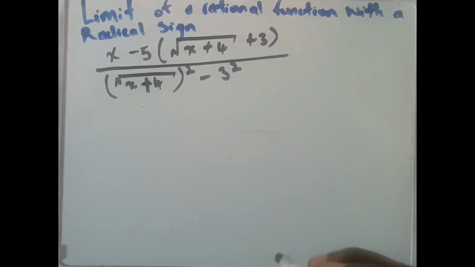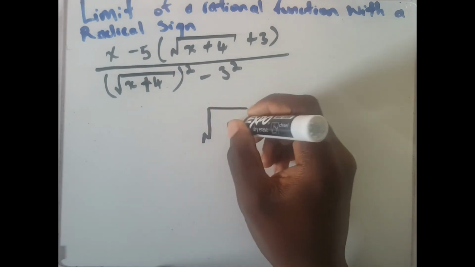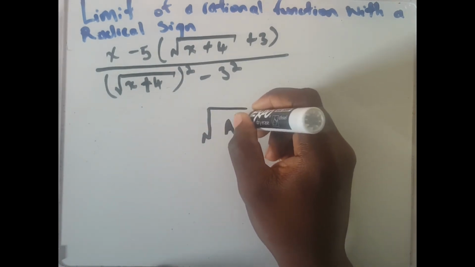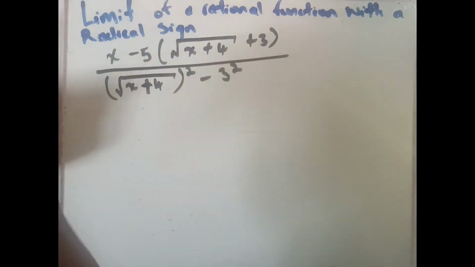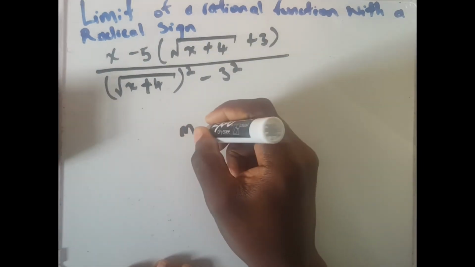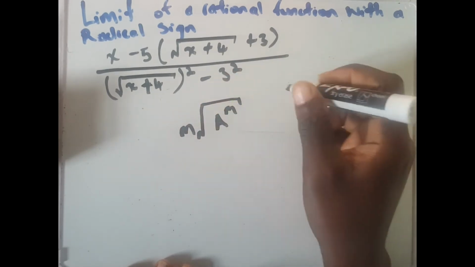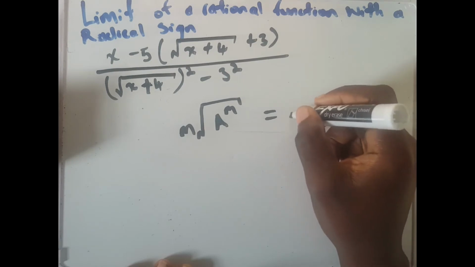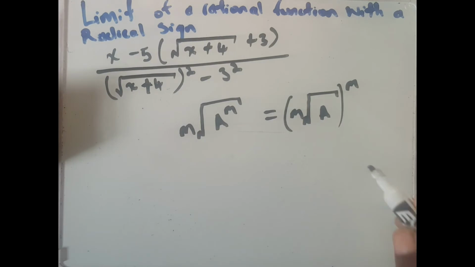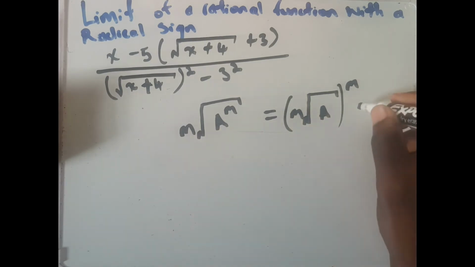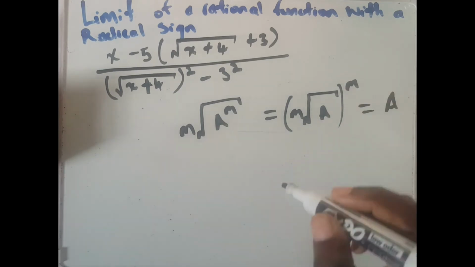When we did surds, if you watch the surds video, I said that if you have the m root, which is any root at all, of a raised to the m, or the m root of a with m outside, then this would be the same thing as just writing a, because this cancels the root.